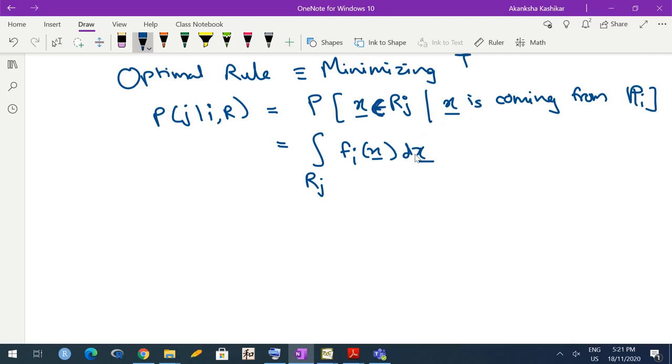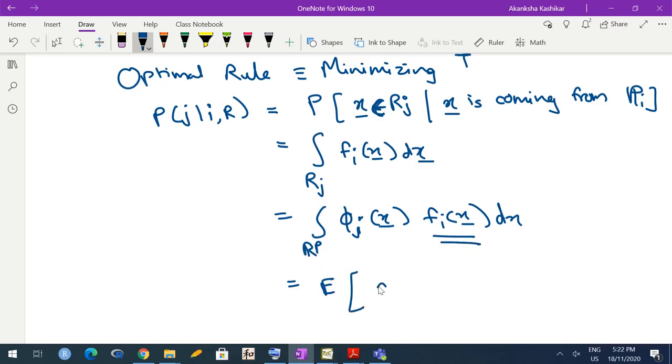Is it okay? Correct? Now this same thing, an integral over a certain set, can be written as the integral of the indicator of that set. The indicator of that set is phi j. So it is the integral of phi j(x) fi(x) dx over the entire R^p. This we have done many times in probability theory or distribution theory: the integral over a certain set is the same as the integral over the entire space with the indicator for that set. So this is now an integral over the entire space with respect to the PDF.